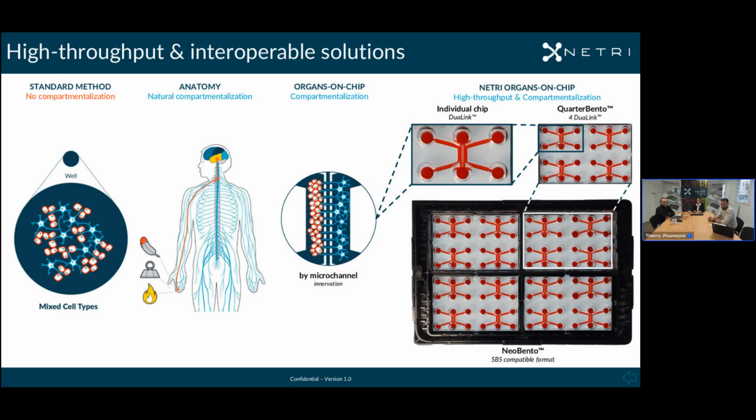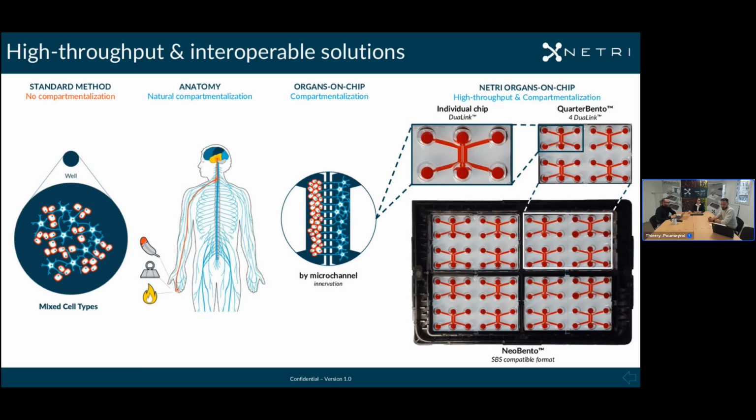If we take standard tissue culture methods that are not using compartmentalization, you have a mix of all the cell types, and it can be difficult to tease apart the mode of action or interaction and understand which cell does what.